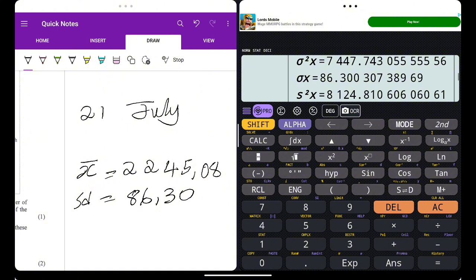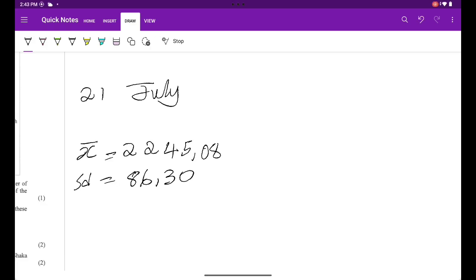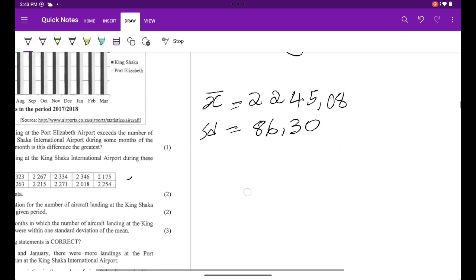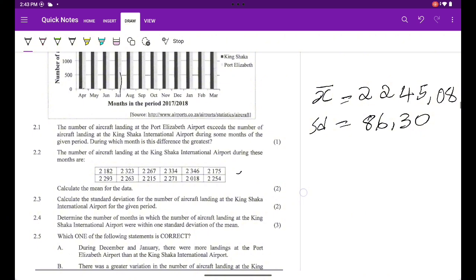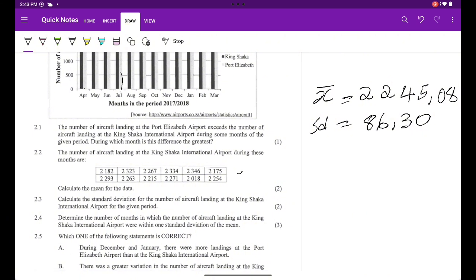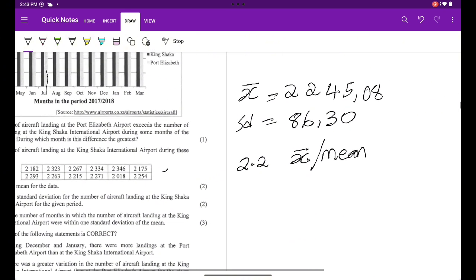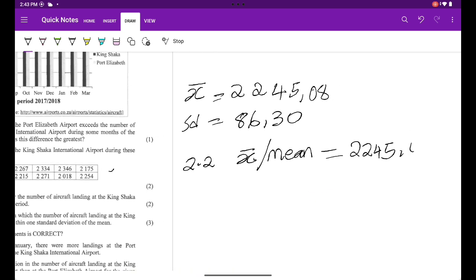Okay, so right, let's go back to our question. We had question 2.2, calculate the mean. Okay, let's write it properly. 2.2, the mean equals 2245.08.